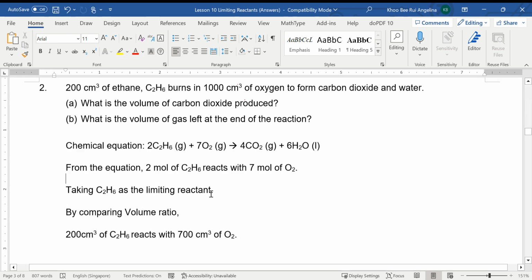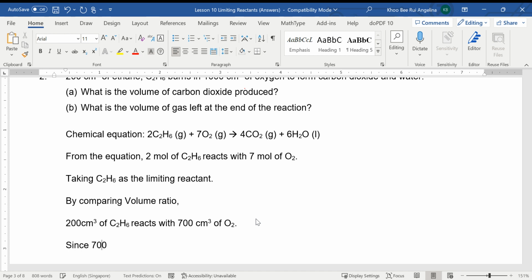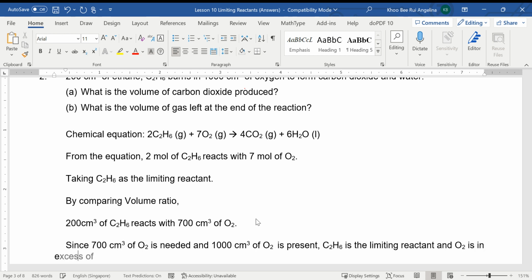I am given 1,000. So since 700 cm cube of oxygen is needed, and 1000 cm cube of O2 is present, it shows that C2H6, your ethane, is the limiting reactant, and oxygen is in excess.